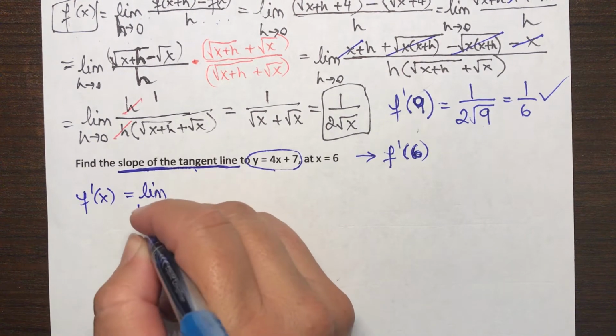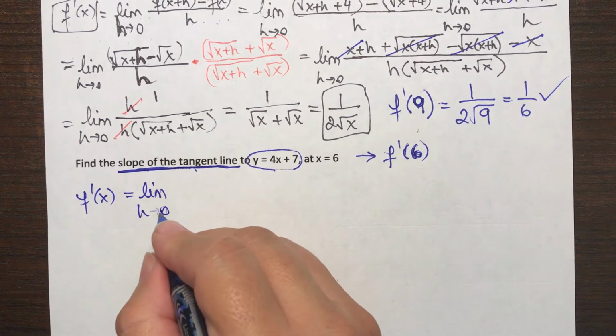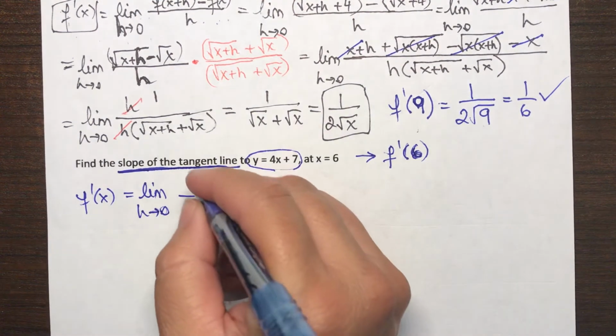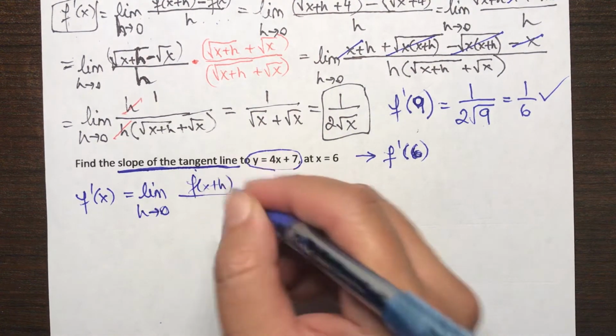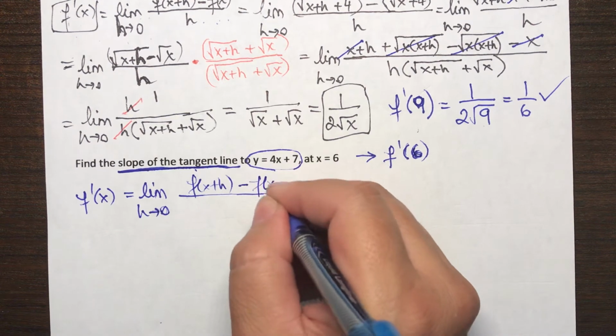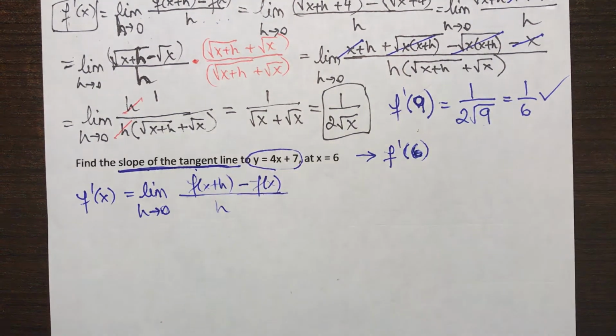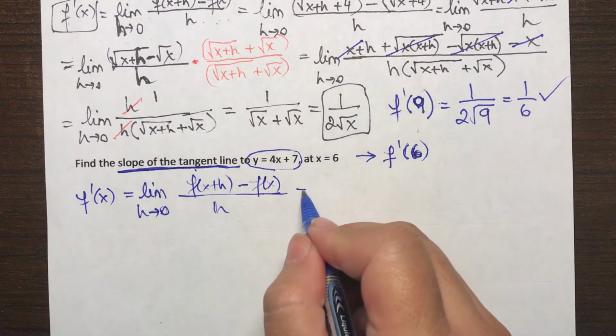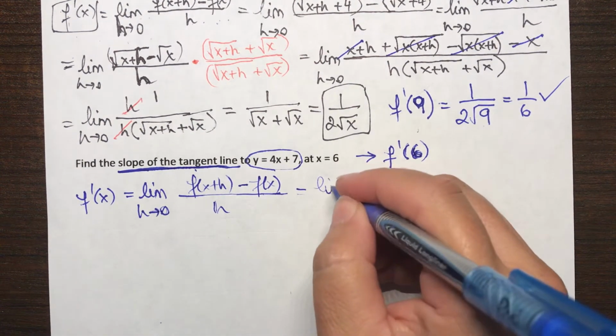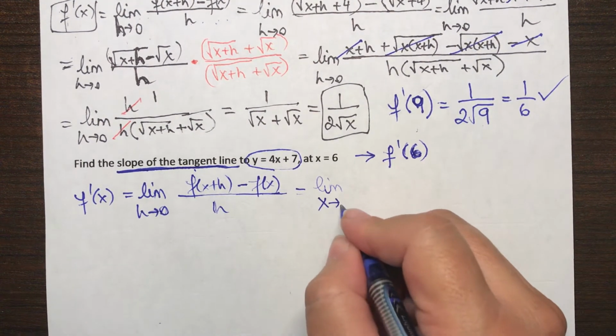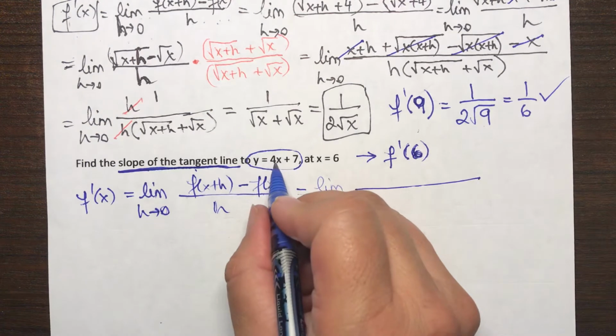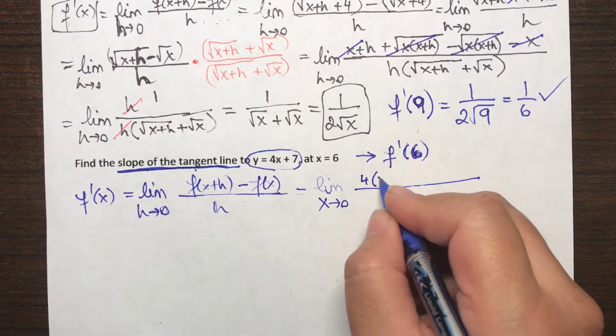That's the limit as h approaches 0 of f of x plus h minus f of x, all over h. Okay, so that's the limit as h approaches 0 of, what is f of x plus h? It is 4.